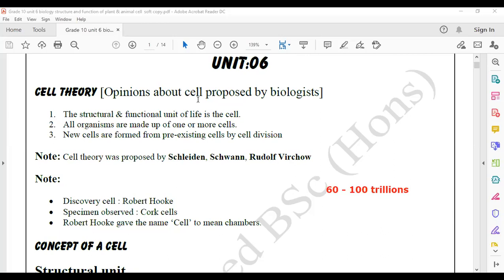Grandfather's grandfather. No chance. But from them only we came into this world, right? That is true, no?